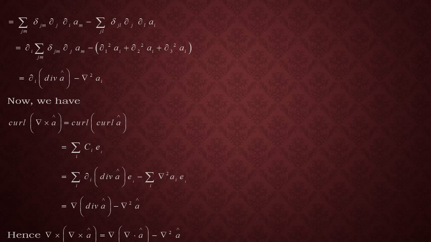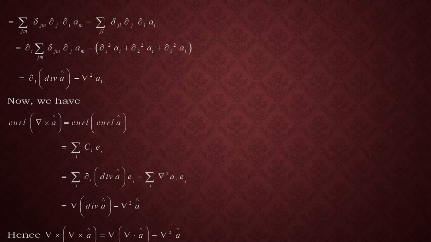Then we obtain curl of curl a equals summation over i of (∂_i of div a minus (∂_1² a_i plus ∂_2² a_i plus ∂_3² a_i)) times e_i, which equals summation over i of ∂_i of div a times e_i minus summation over i of (∂_1² a_i plus ∂_2² a_i plus ∂_3² a_i) times e_i.